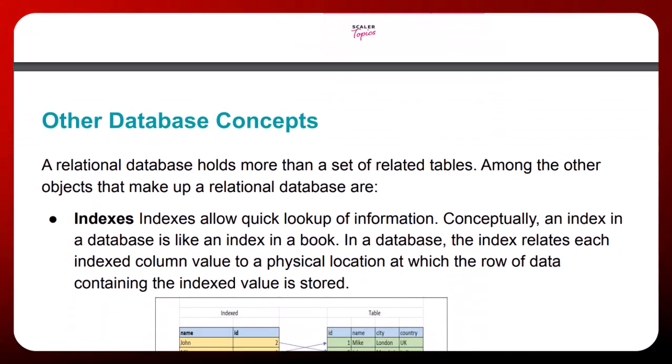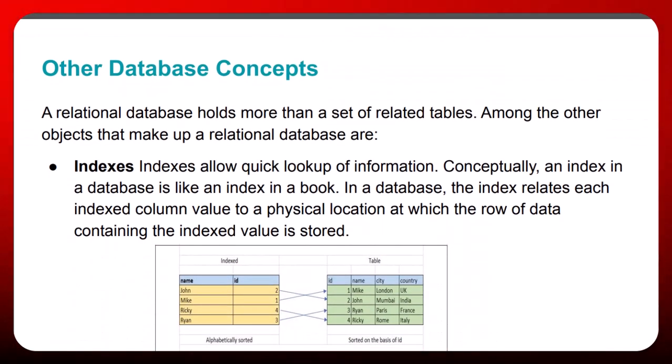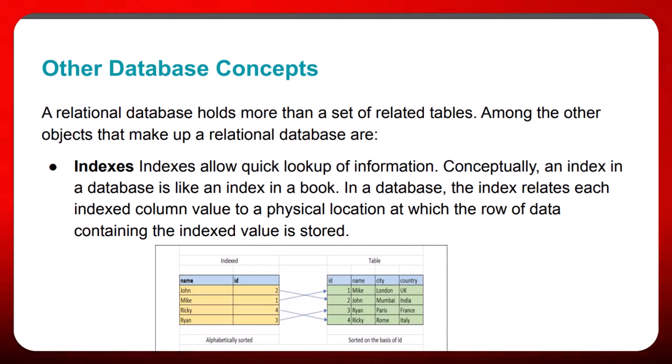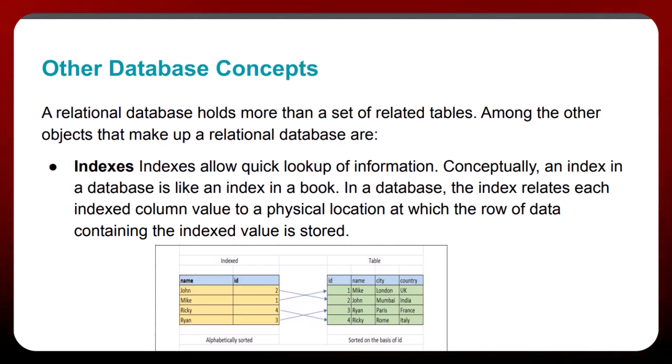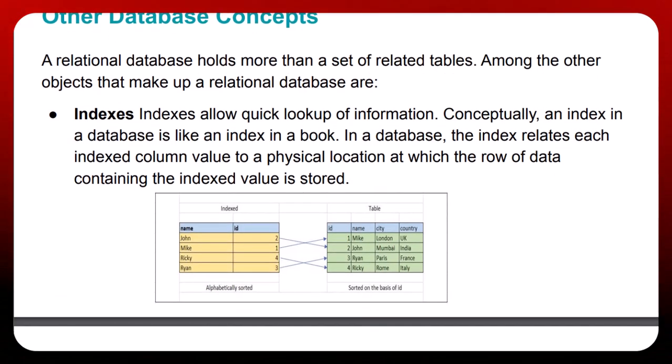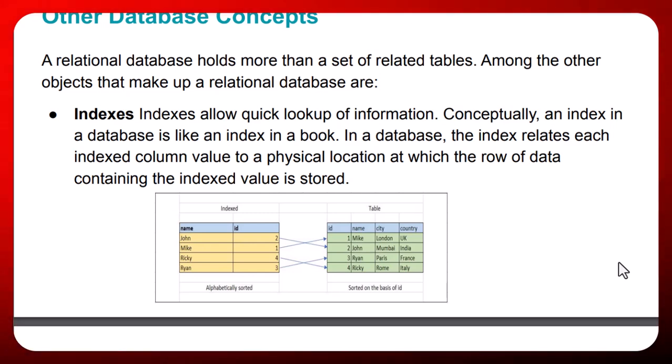Right now we're going to move on to other database concepts. A relational database holds more than a set of related tables. Among the other objects that make up a relational database, it is important to have an index. Indexes allow quick lookup of information. Conceptually, an index in a database is like an index in a book, which makes sense.